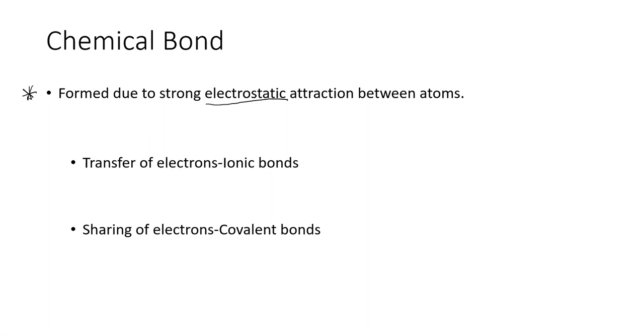So how does this attraction take place? For this course, we are going to focus on two ways by which atoms attract each other to form a chemical bond. The first one is through transfer of electrons.